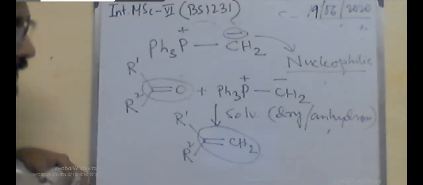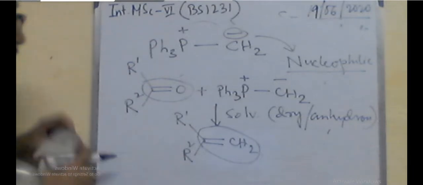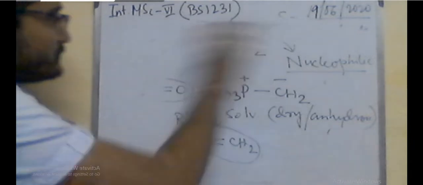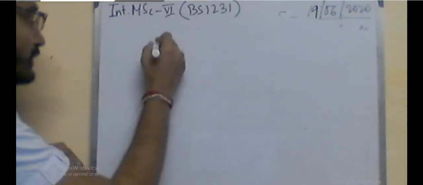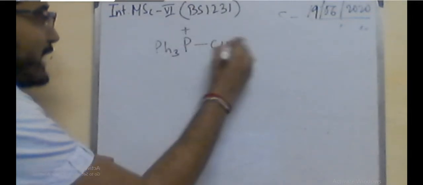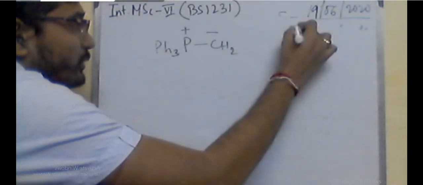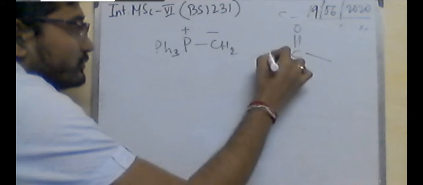Now, what is the mechanism of the Wittig reaction? In the Wittig reaction, the ylide acts as a nucleophile, and the carbonyl residue, C double bond O, has an electrophilic center.